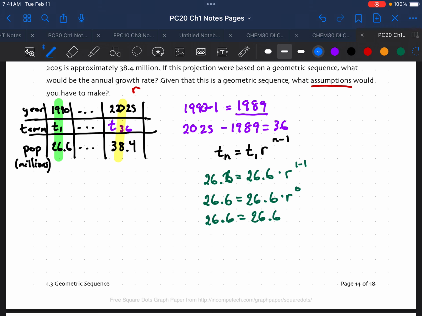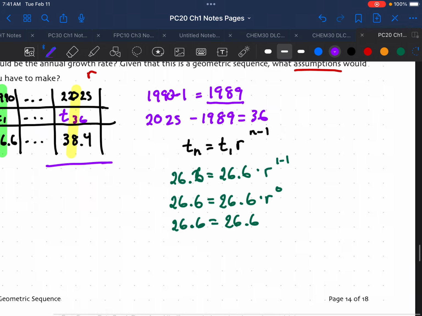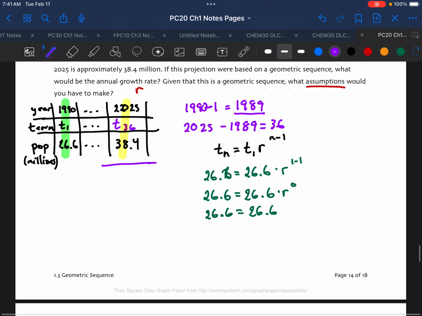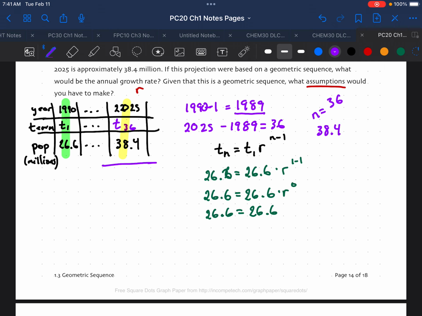So let's go and look at this other equation and solve it. So we've got n is equal to 36. So 38.4 is equal to, term 1 is 26.6.